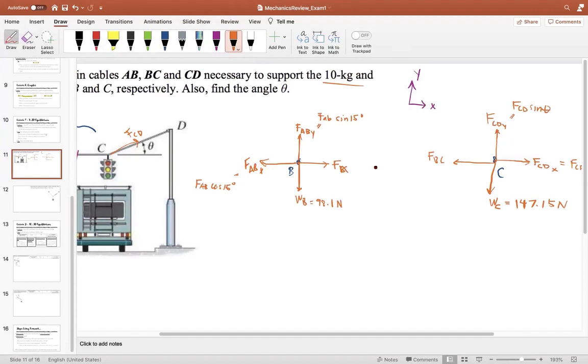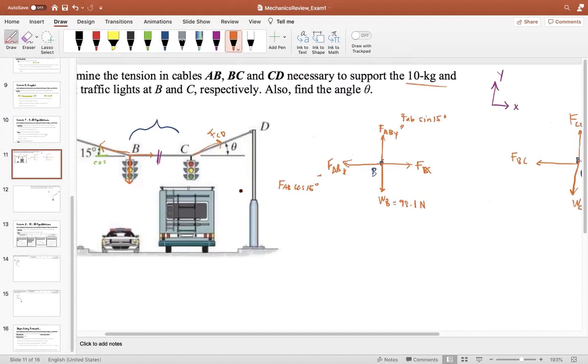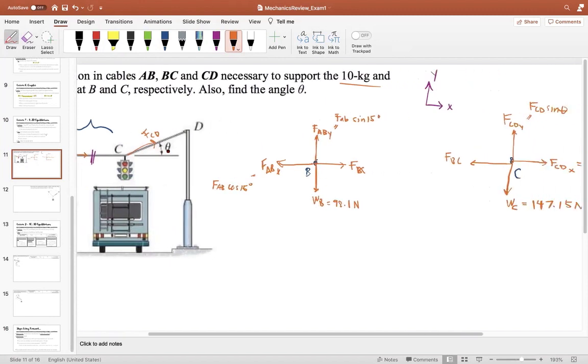So that's really why we broke this up, because when you initially look at this problem, you might not know to break it up here. If I drew this as one body, I would have one unknown, two unknowns, 3, 4, right? I would have 4 unknowns and only 3 equations because it's 2D, which means I couldn't solve it.